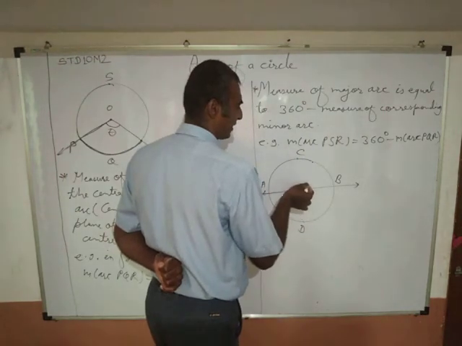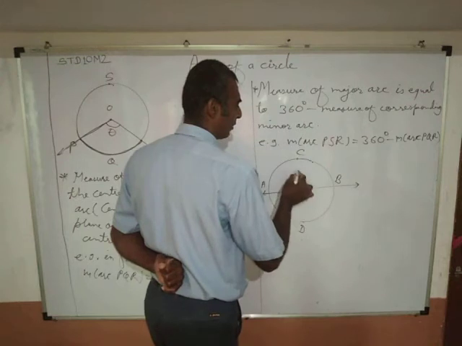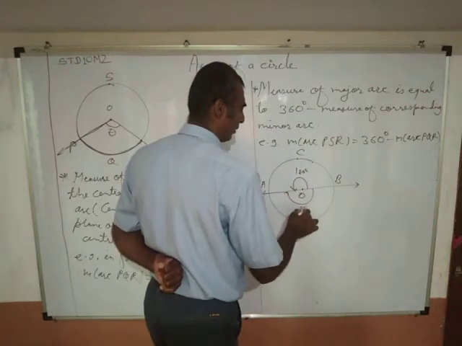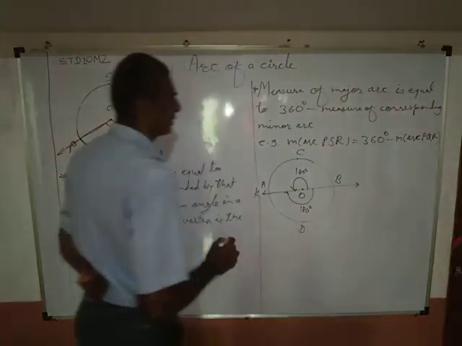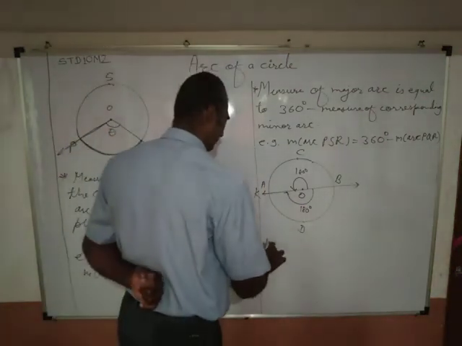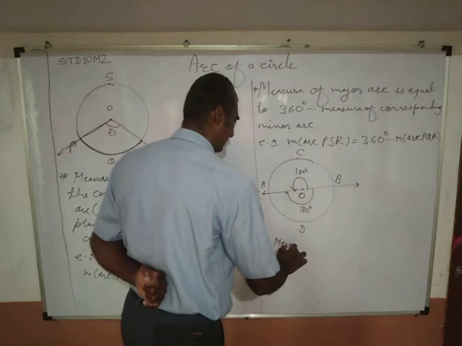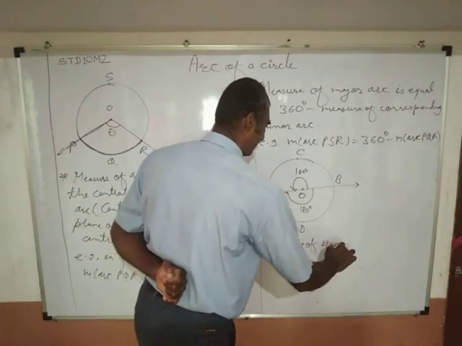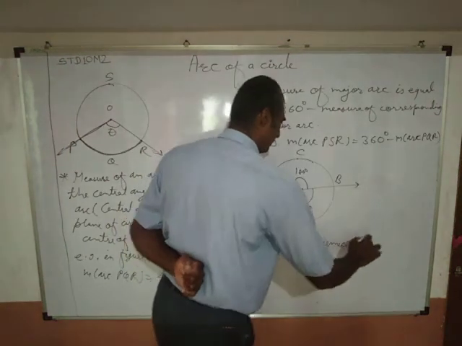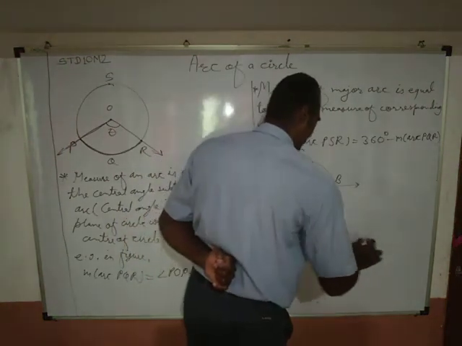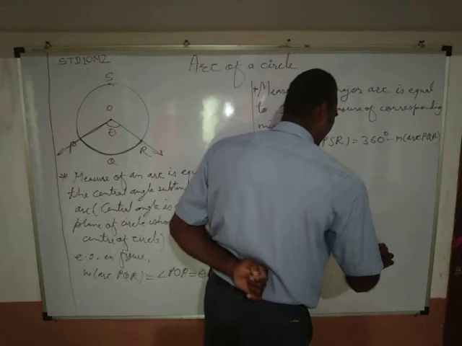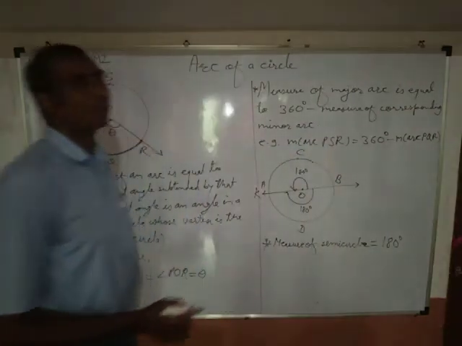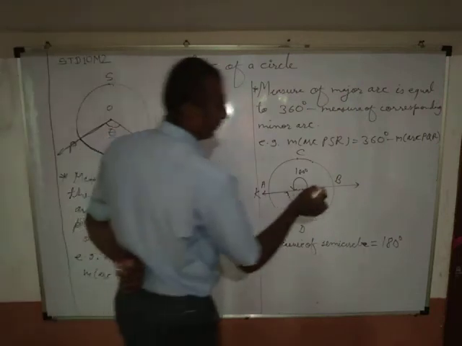And now in this case, central subtended angle will have measure 180 degree. Okay, 180 degree. That's why let's mention here, measure of semicircle is equal to 180 degree.